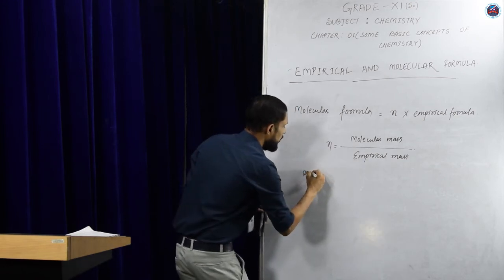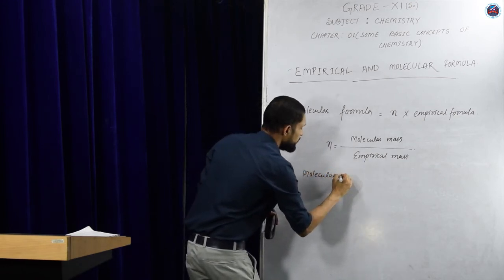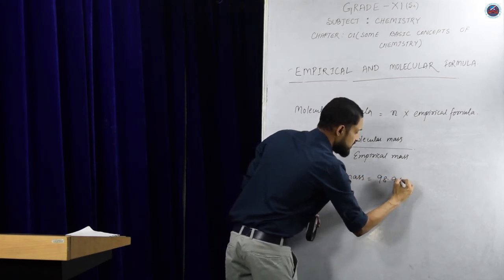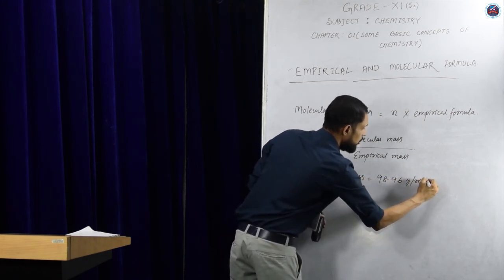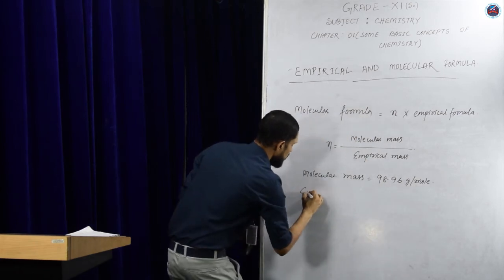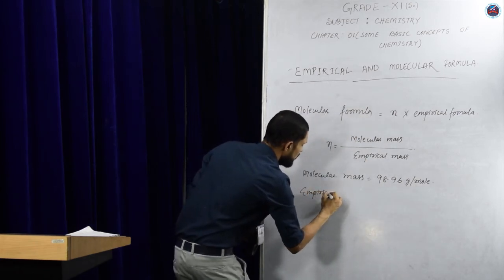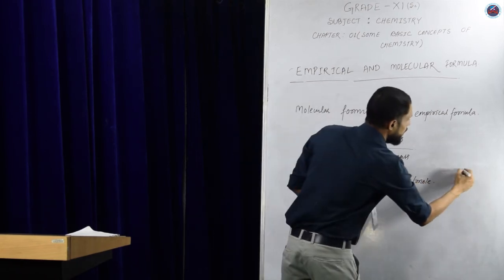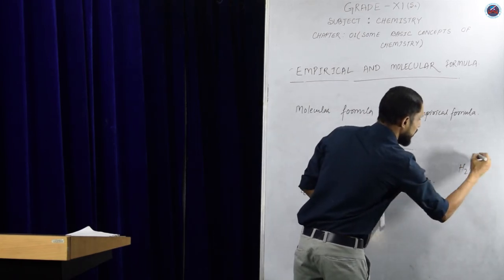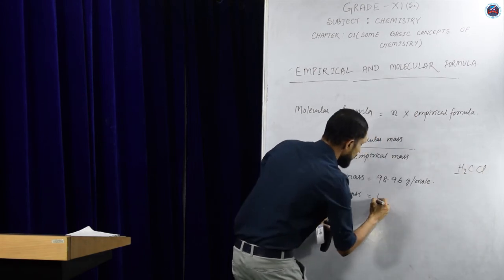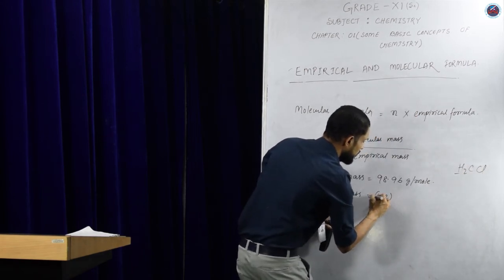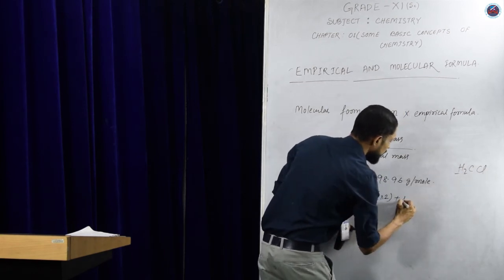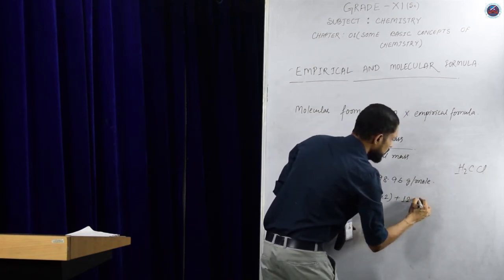So, molecular mass is equal to 98.96 gram per mole. Empirical mass is equal to, the empirical formula is H2CCl. Hydrogen atomic mass is 1 multiplied by 2, since you have 2 hydrogen atoms. Carbon atomic mass is 12.